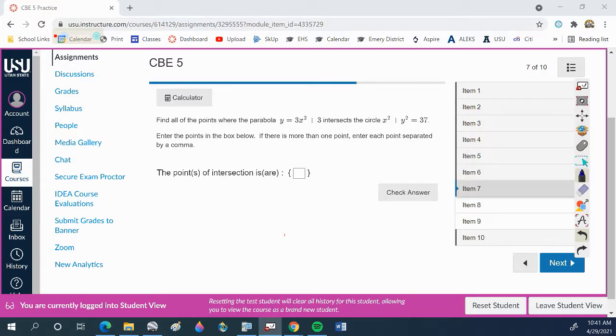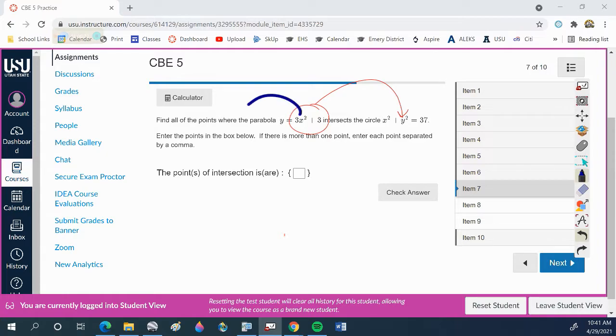So, can we use substitution? Yes. I could stick this in there. And then I could do 3x squared plus 3 times 3x squared plus 3. Could I do elimination? You actually could if you lined it up right.